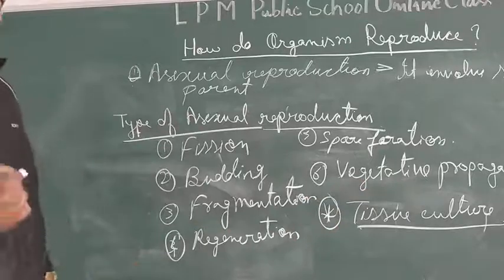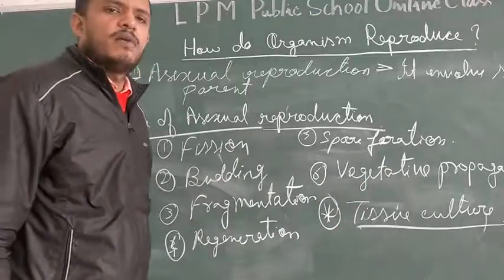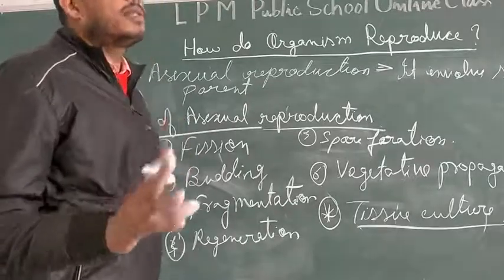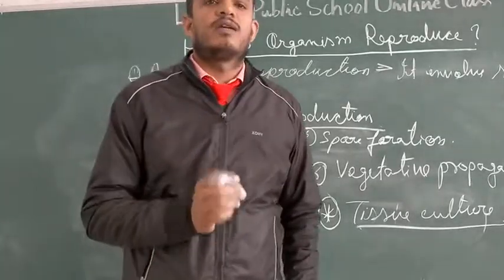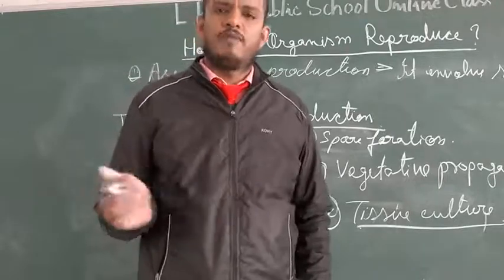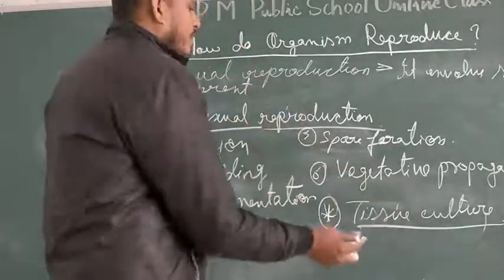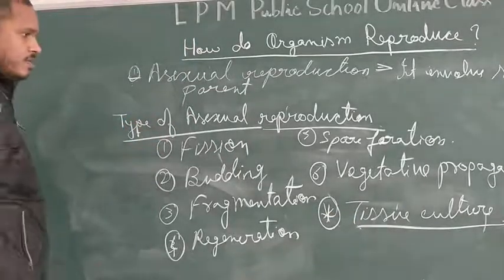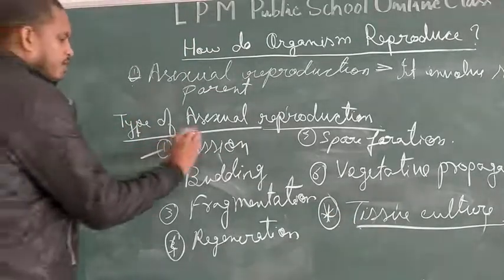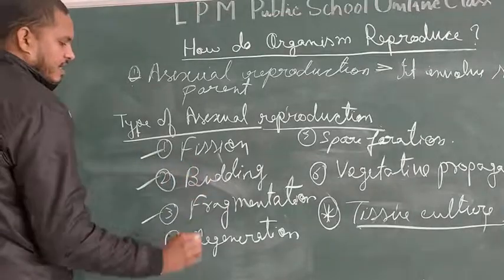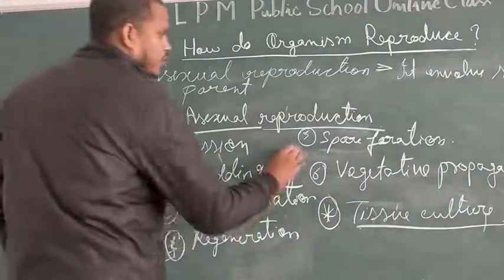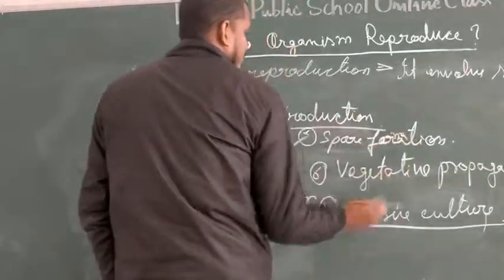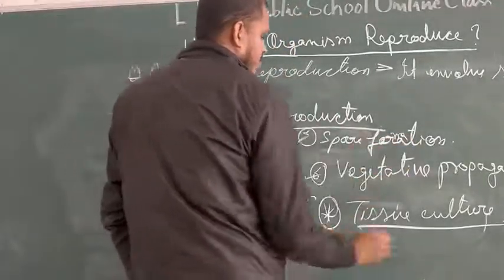In tissue culture, you take the plant or plant sample, we prepare some artificial media, and there we grow them. That is a different case. There also we use single plant material and grow it into a new plant. That is why I mentioned it here. But you are not going to count it in reproduction. But here: fission, budding, fragmentation, regeneration, spore formation, vegetative propagation, and that is different.